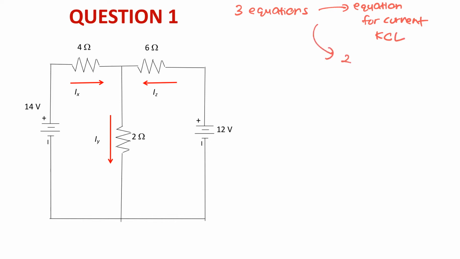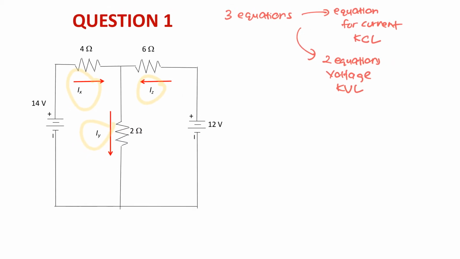The other two equations are going to be for the voltage, which we call Kirchhoff's voltage law, KVL. So we have three equations, and from there we are going to solve for the unknowns. Right now the question asks you to find IZ, IS, and IY.